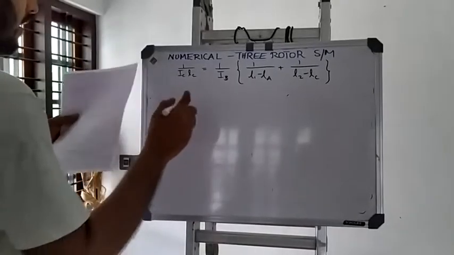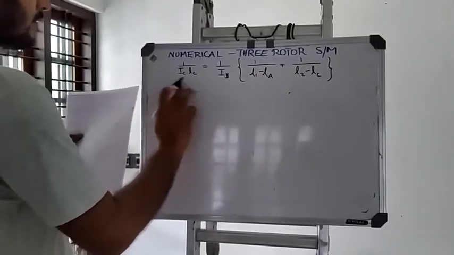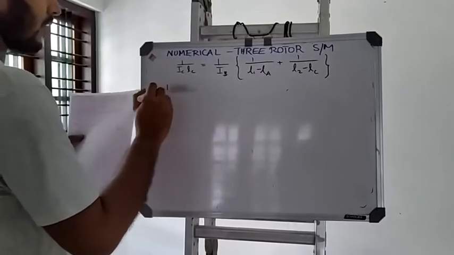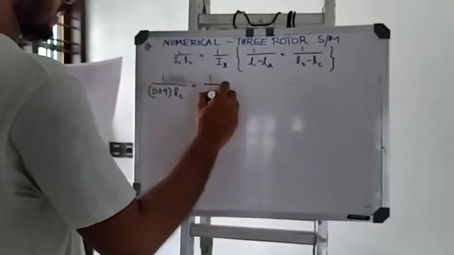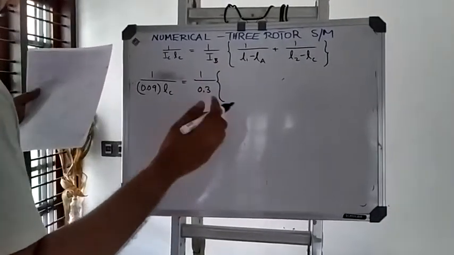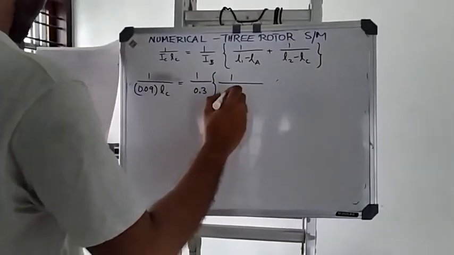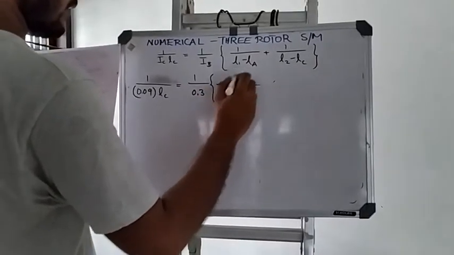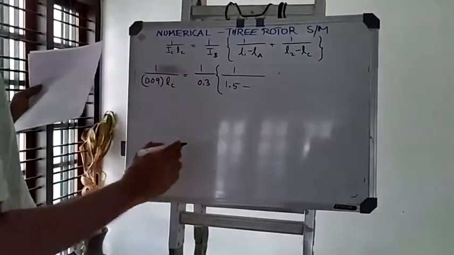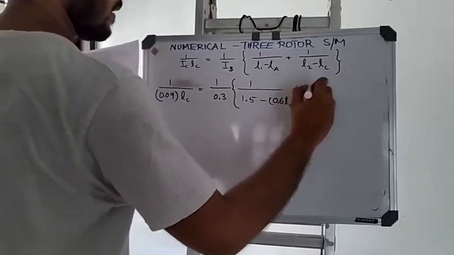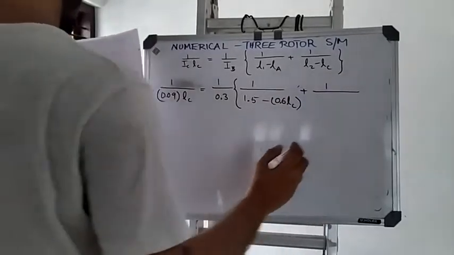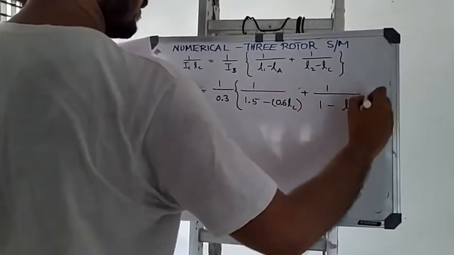Let us substitute all the given values that we know in this equation. That means we have 1 divided by IC, which is 0.09, into LC, equal to 1 by 0.3, IB is 0.3 given, multiplied by 1 divided by, L1 is 1.5, minus LA, which should be taken as 0.6 LC, plus 1 divided by L2, and L2 is 1, minus LC.